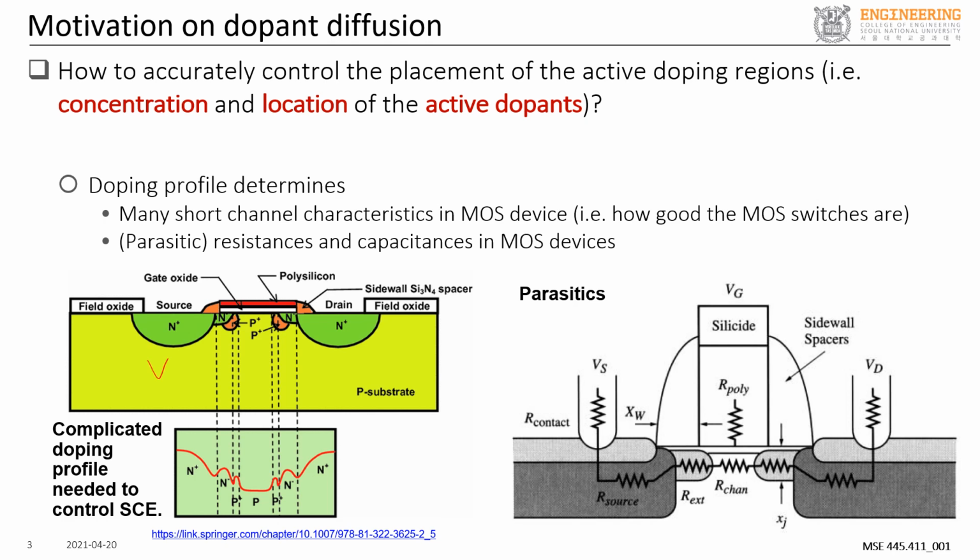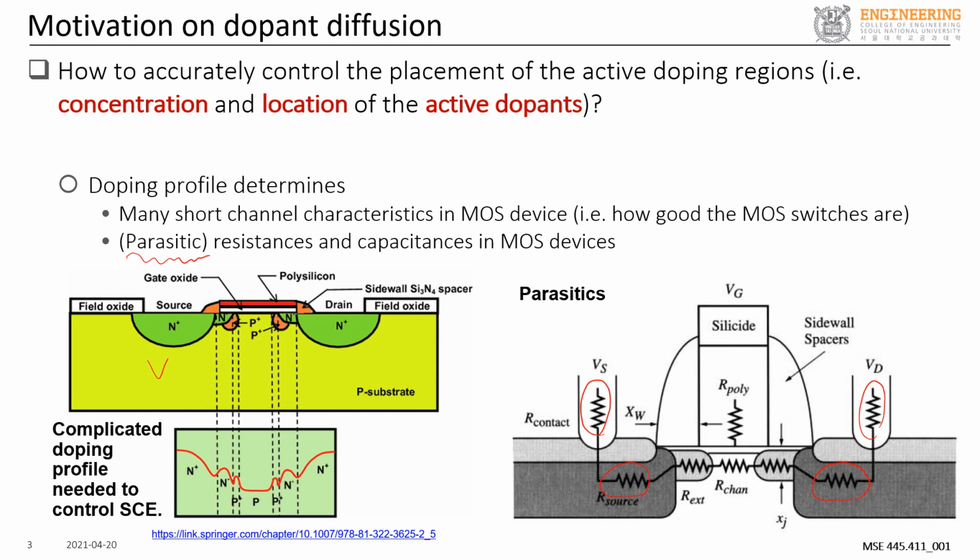Also, the doping profile determines many parasitic resistances and capacitances. This is not intended, but it is something you cannot avoid in your transistor. For example, the figure on your right shows a lot of parasitic resistances, coming from the contact and the source itself, etc. These parasitic resistances also have a large impact on your transistor performance.